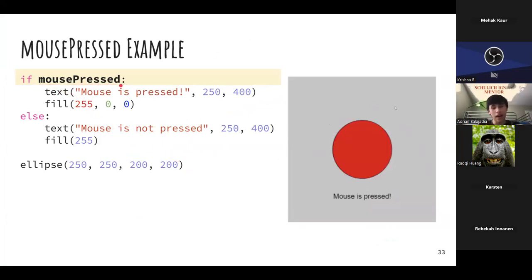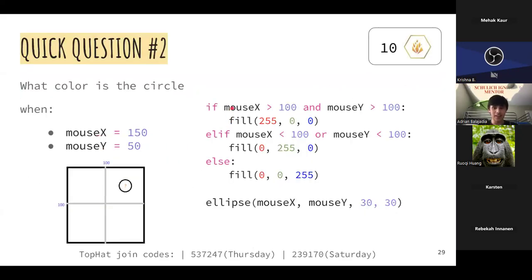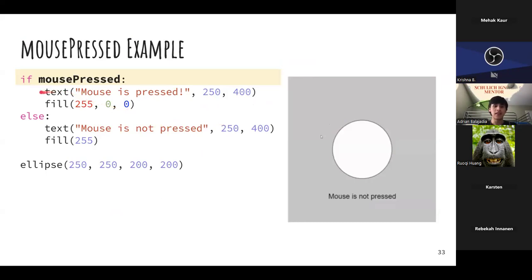If mouse pressed, then that is true in this case. Mouse pressed is a Boolean statement, and if statements just check if true or if false. So all of this back here is an entire Boolean statement. It's just checking if it is true that it is in this quadrant. And in this case, if the mouse is pressed, then you print mouse is pressed.